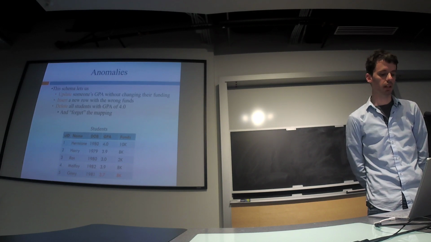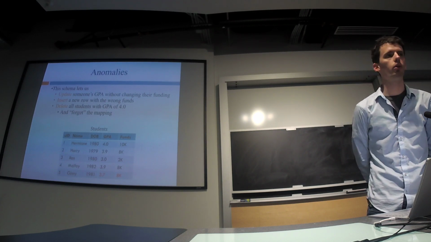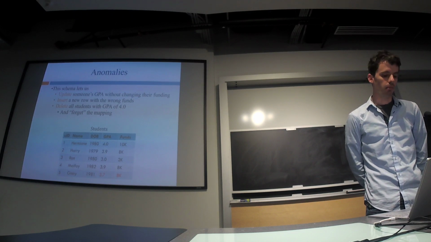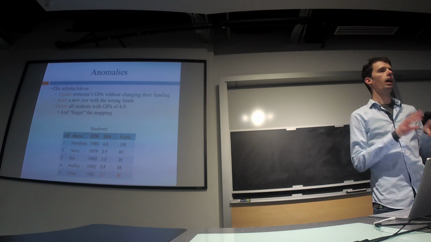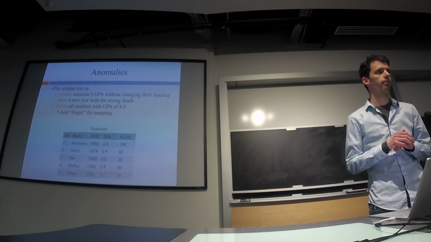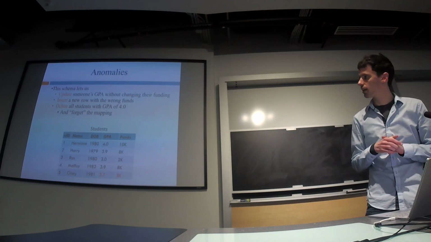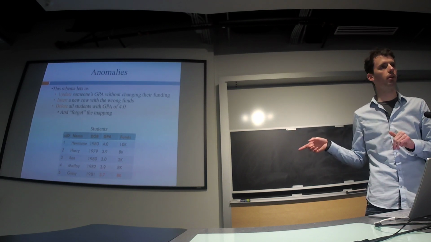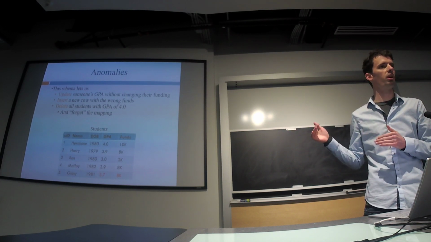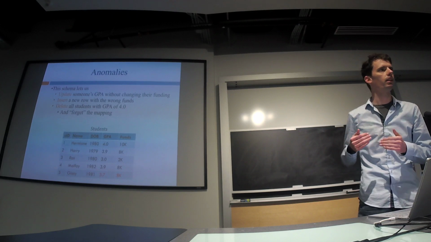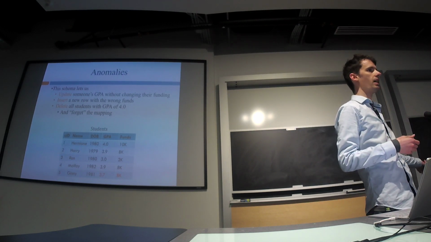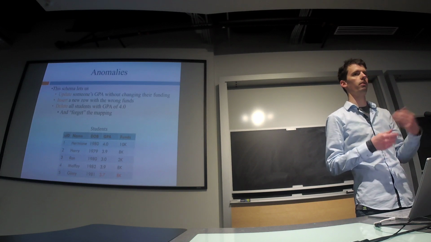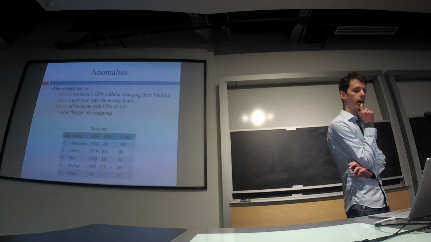Or say I want to insert a new row. Say I know their GPA, how do I know how much money to give them? I would have to go and find another row with the same GPA in order to figure that out. So I'd have to do another select, go find somebody else with that GPA and then tell me how many funds to give them.